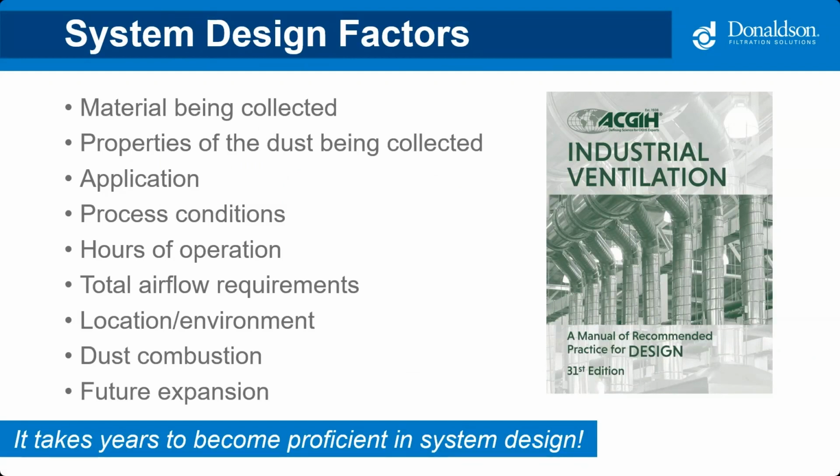They offer multiple courses throughout the year on system design, using the vent guide as a textbook. Most of our folks have attended this course over the years, and we actually have a few Donaldson staff that are instructors. The ACGIH guidelines are considered by most in the industry, including OSHA, as a standard for proper ventilation design.